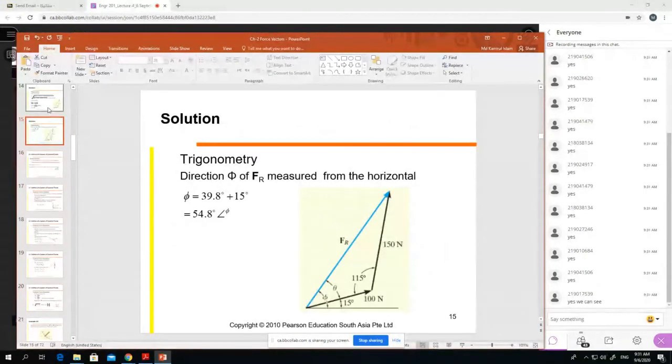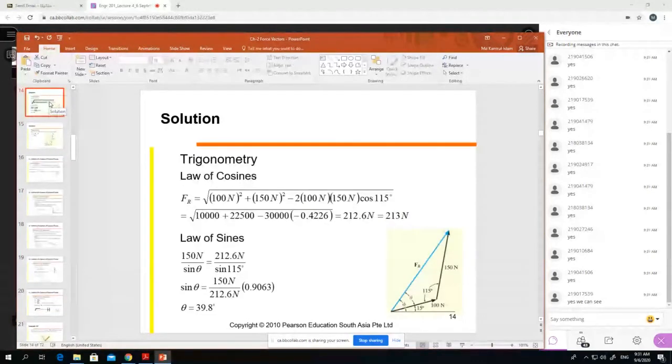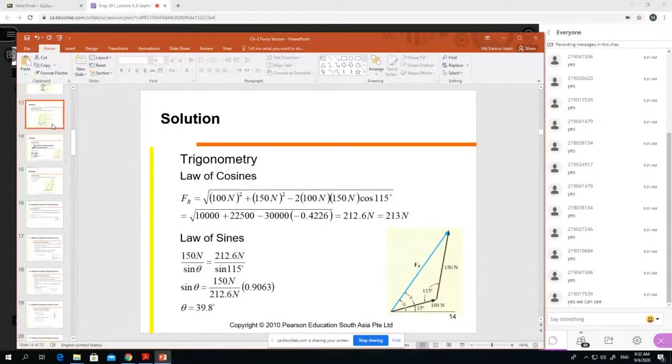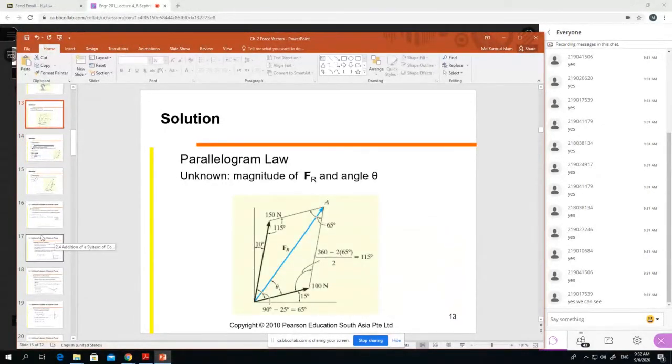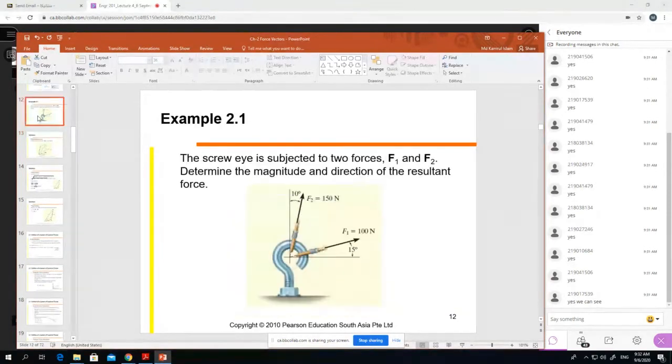Now, just a little bit from yesterday, we review the problem. Last class, we completed this example. The two forces F1 and F2 were given, and the question was what is the resultant force and what is its magnitude.